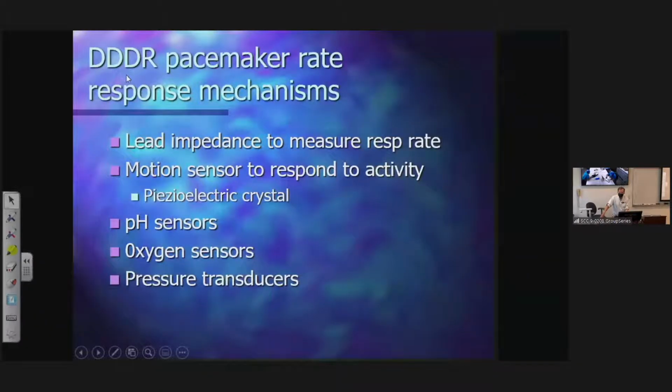Here's a slide that's not from the book that I added. If we have a pacemaker with a rate responsive mechanism, one way we manage the rate of the pacemaker is we check the impedance between the lead and the battery, which is sewn up here in your chest. When you take a breath in, your heart drops down with your diaphragm.